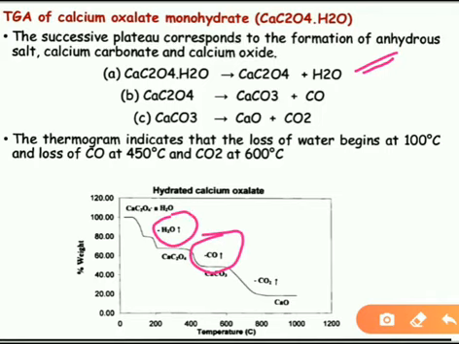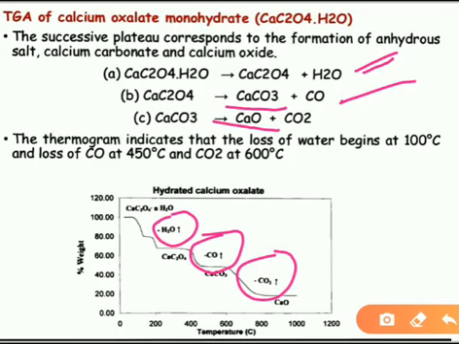As we further increase the furnace temperature, above 800 degrees Celsius the calcium carbonate loses a carbon dioxide molecule and gives calcium oxide.